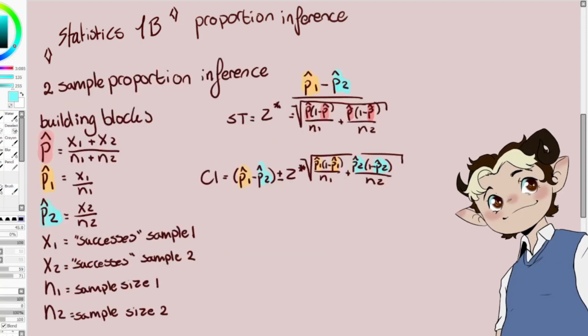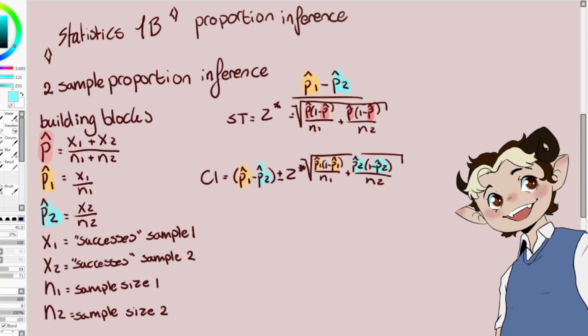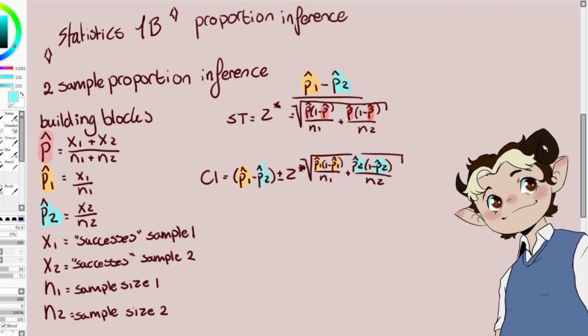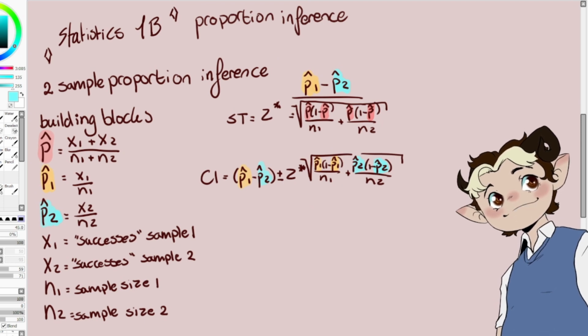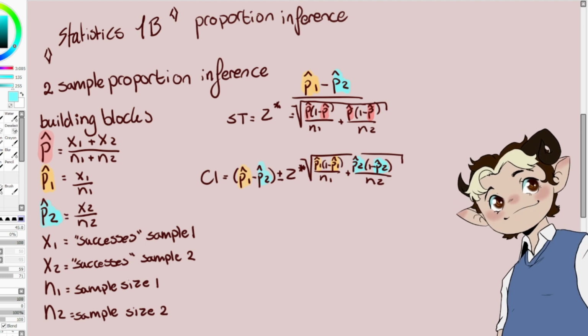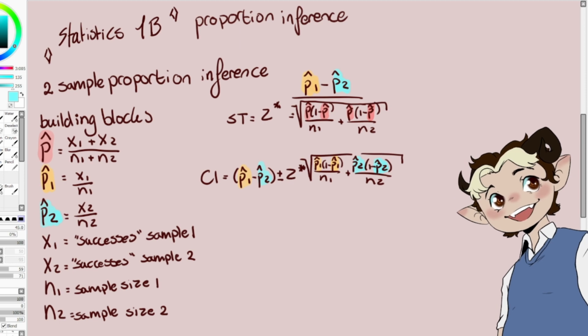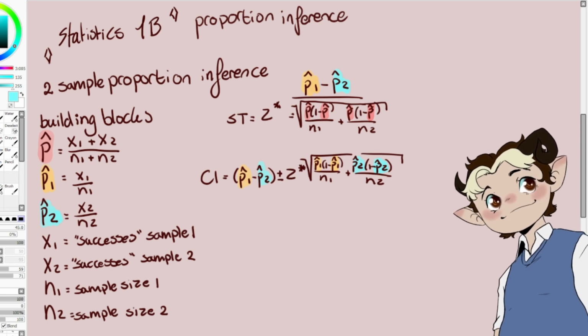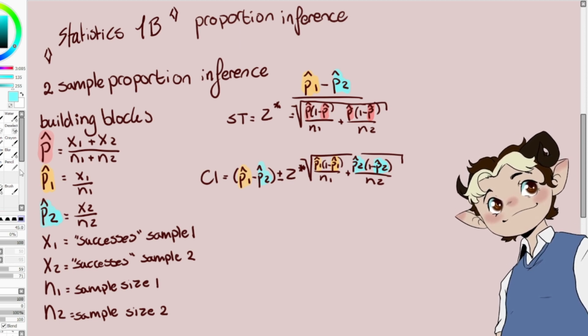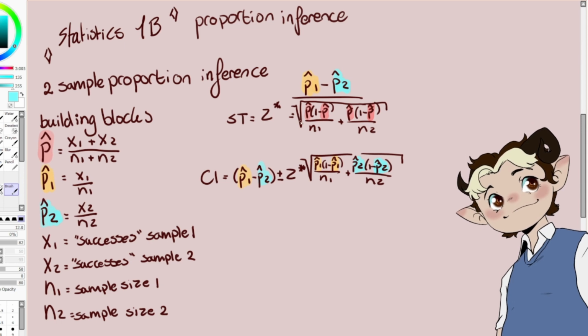Alright, I wrote down the formulas and also the building blocks that make up the formulas, and I highlighted what is the difference between the significance test and the confidence interval. So as you can see, we use different things under the root between the two formulas.